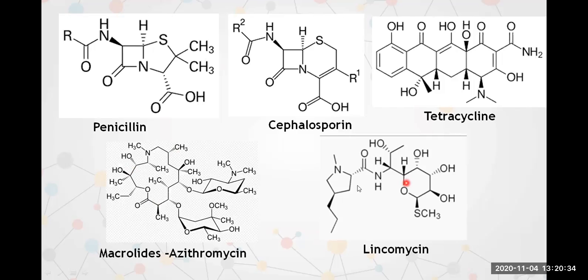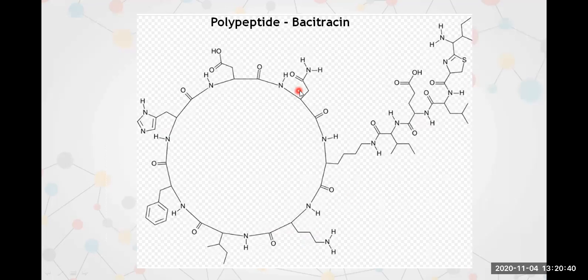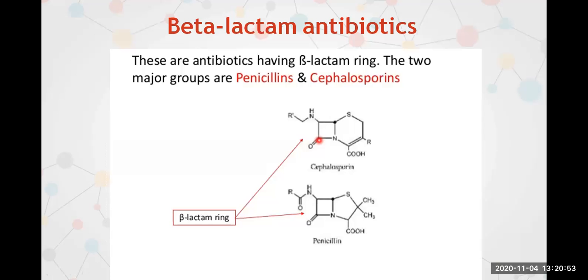Lincomycin has these specific structural features. And the last one is a polypeptide, where multiple peptide rings or units are attached to each other. So this is just brief information about how these different chemical classes look.